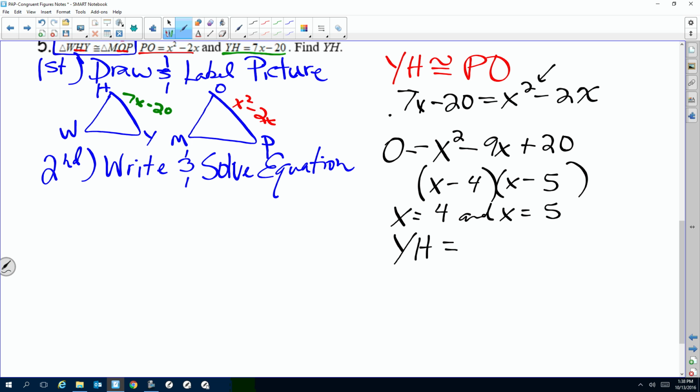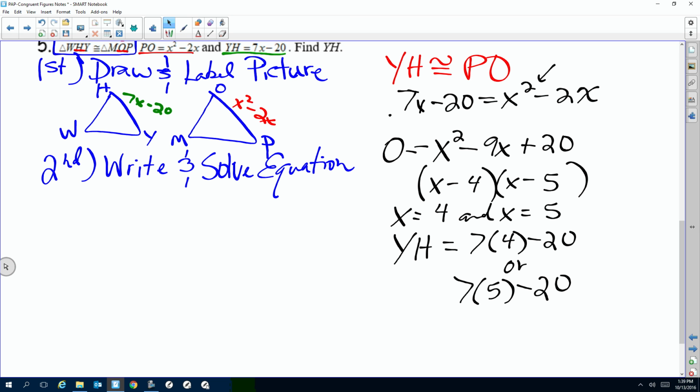Because that's what they want us to solve. So 7 times 4 minus 20, or 7 times 5 minus 20. Yeah, plug it into the x squared minus 2x. We should have the same value. You will have two different answers, yes. Yeah, 8 and 15. 8 and 15.